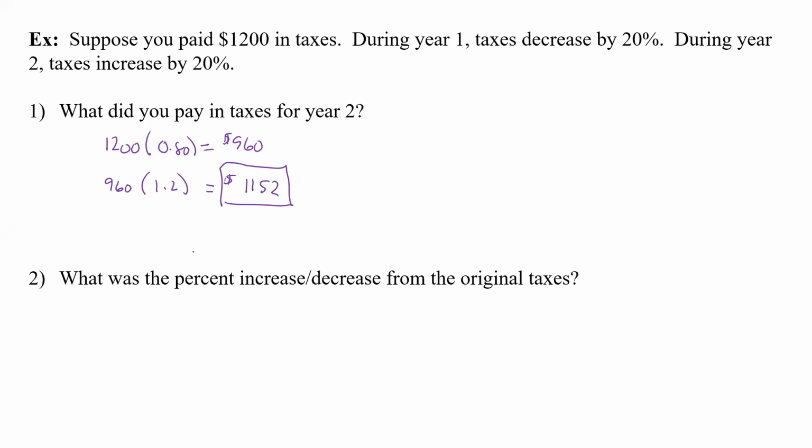Now, what was the percent increase or decrease from the original taxes? Well, guess what? Original taxes was 1,200. Now it's 1152. So it looks like we've decreased. So if we take 1,200 minus 1152 divided by the original, which is 1,200, now remember to put that in parentheses, multiply that by 100%. Let's see what we get here.